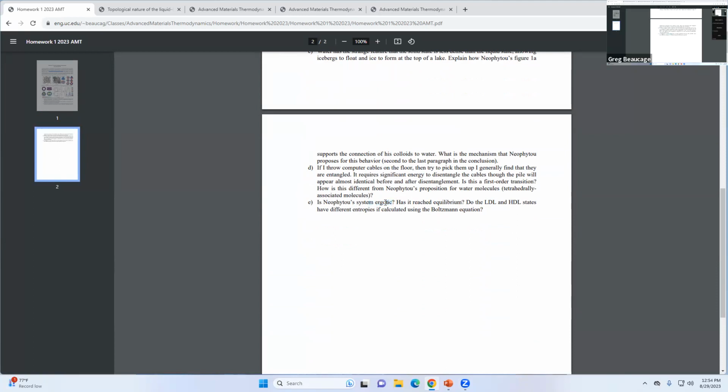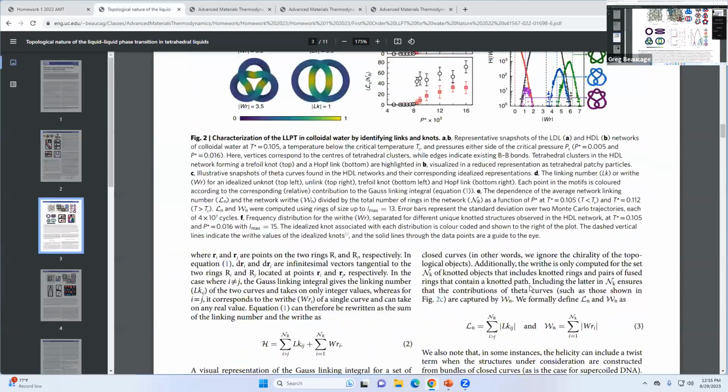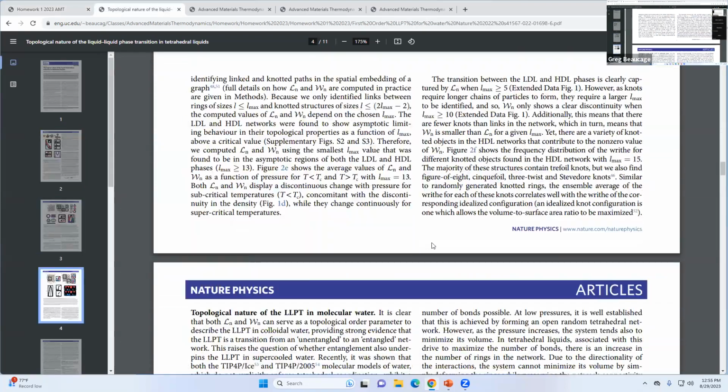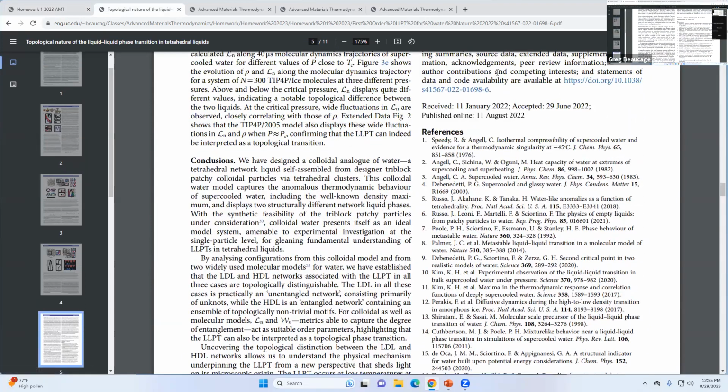Anyway, so he makes a point of saying, all right, so it's entangled, right? So it can't be that it finds all the different states because it's stuck. That's the point of the whole thing. It's stuck. So then somewhere at the end of the paper, I think in the conclusion, he says, well, it's stuck, and that's the main point, but it's a kind of stuck where it's never permanently stuck.